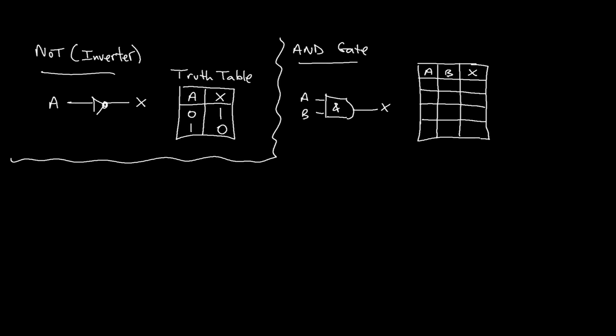So always start on the right hand side, B, and we're going to have 0, 1, 0, 1. So just flip the bits one at a time. Then move left. Rather than flip the bits one at a time, flip them 2 at a time. So we can have 0, 0, 1, 1. As you can see here, we've got 00, 01, 10, 11, all distinct and representing all possible combinations of A and B.